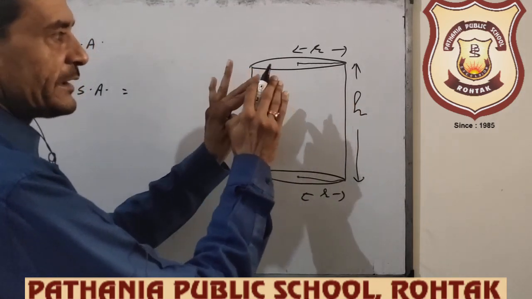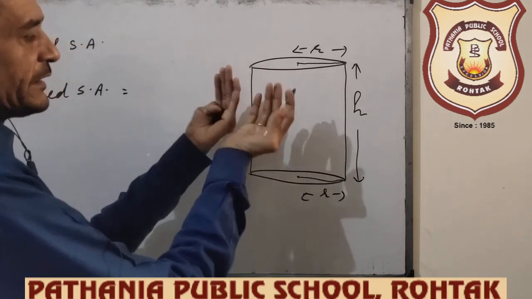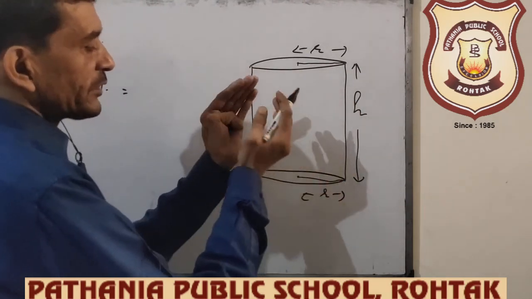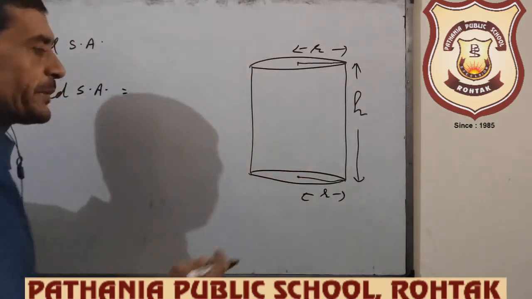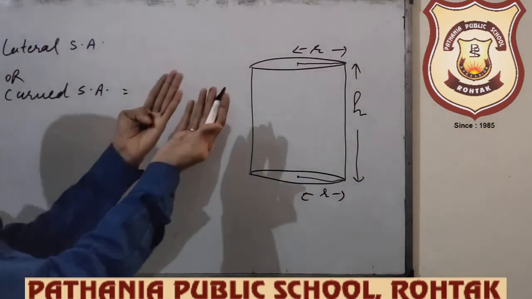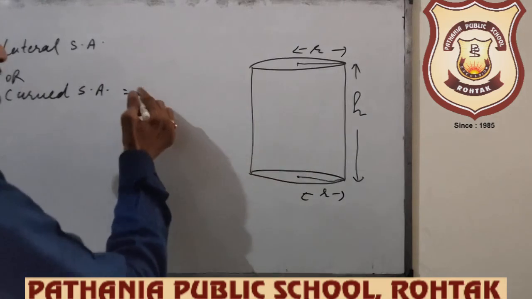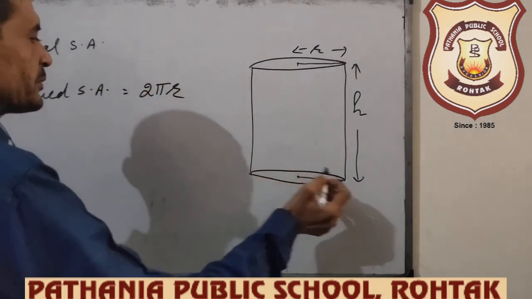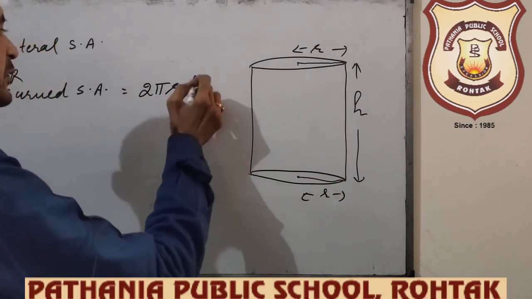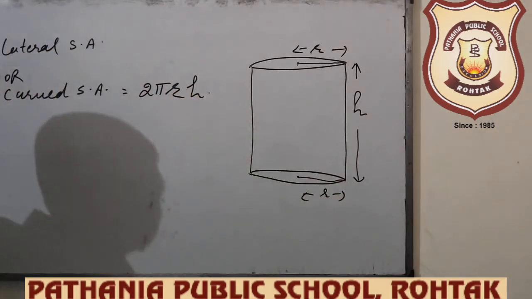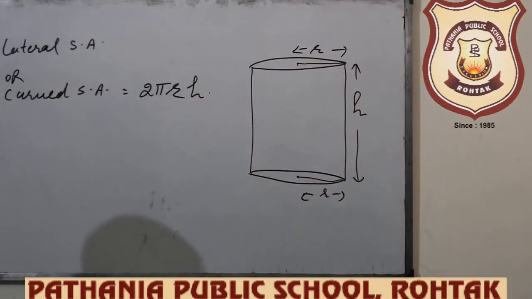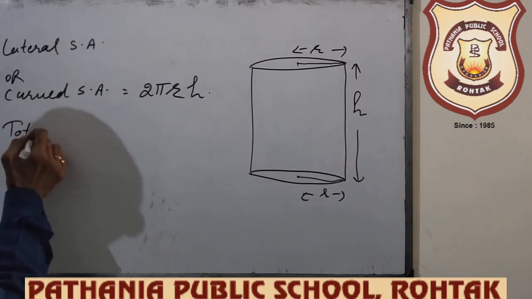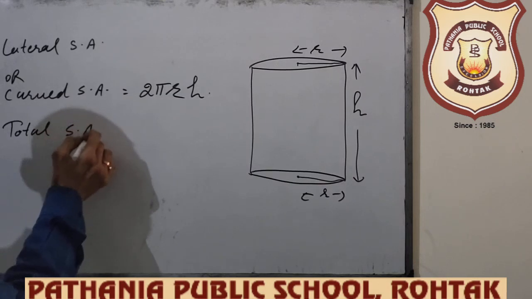At the bottom, the circular part is the circumference. If we fold it like this, it becomes the circumference, that is 2 pi r. Circumference of the base is 2 pi r into h. 2 pi r h is the lateral surface area or curved surface area.